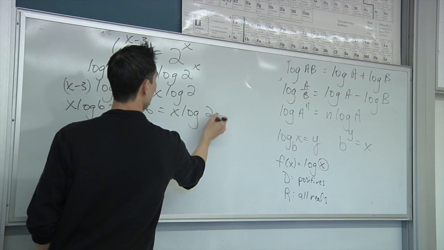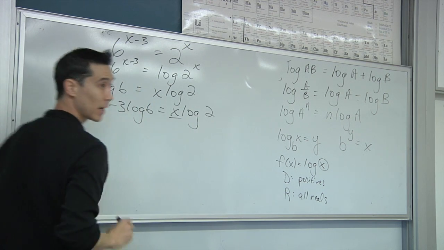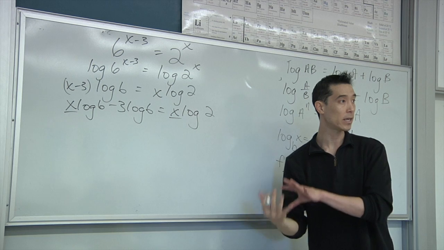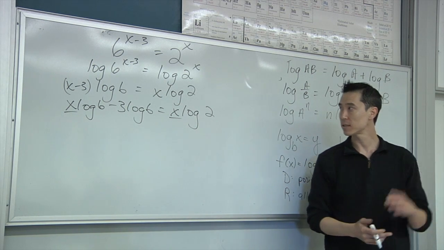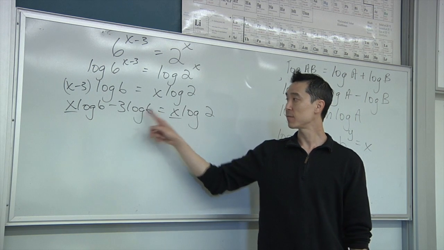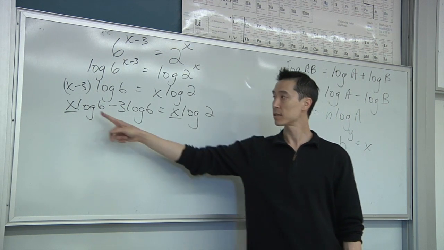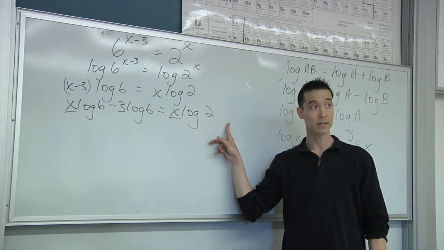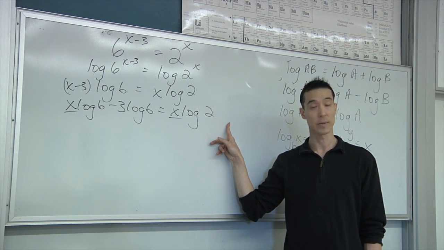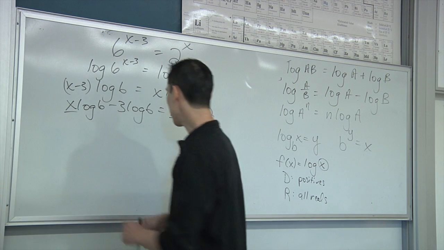Now, look at where x is, here and here. I got to get those x's together on one side and move the thing without x on the other side. Okay? So that's my next step. There's 2 ways to do that. I could bring this x over and move the 3 over here, or I could just move the x over here, right? Either way, you're going to get the same answer when we go to the end and approximate it, okay? So I'm just going to leave stuff over here.